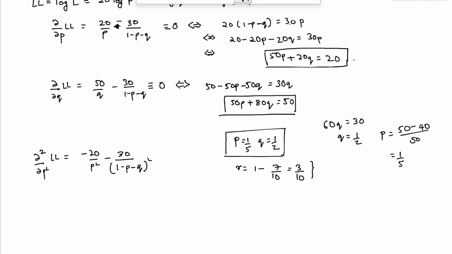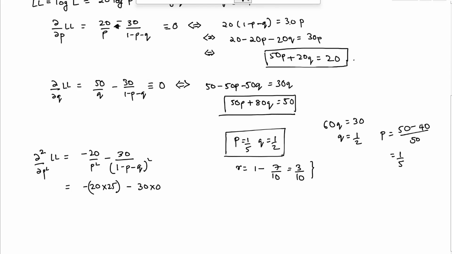Now, if I put the value of p equal to 1 by 5 and q equal to half, what would I get? So this would be minus 20 upon p square, so that would be multiplied by 25, minus 30. So 1 minus p minus q would be nothing but r. So r square would be 0.09.